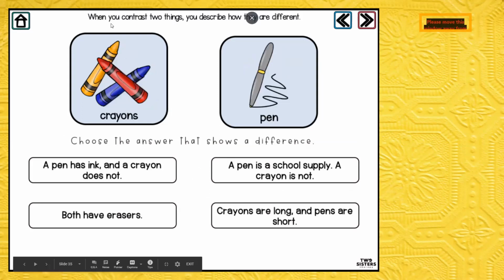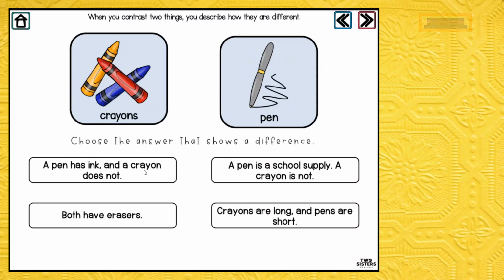All right, now we're going to tell what's different. So when you contrast two things, you describe how they are different. Choose the answer that shows the difference. So here's crayons and a pen, right? So what is different about these two things? A pen has ink and crayons don't.